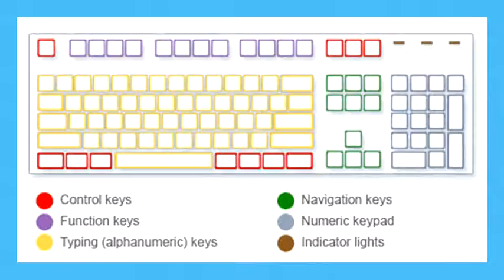While typing, we use the alphanumeric keys. We also have a separate set of numeric keys. Apart from that, we have the navigation keys, which are the 4 arrows, and home, page up, page down, and end. Next, we have the control keys.